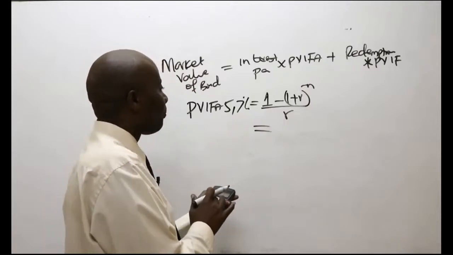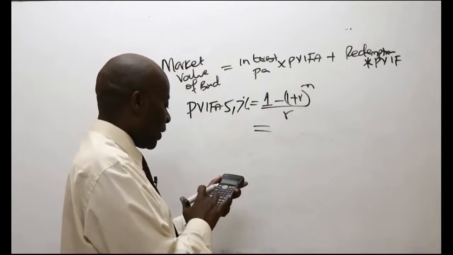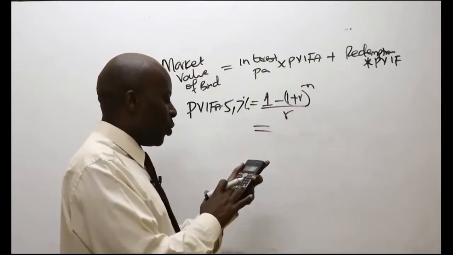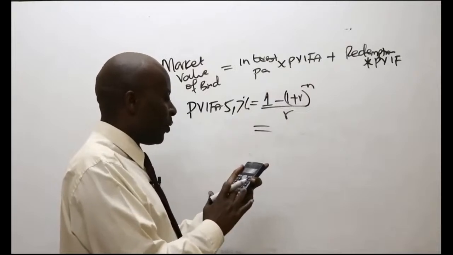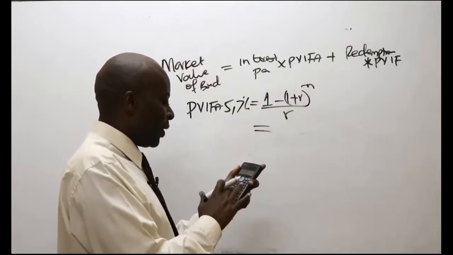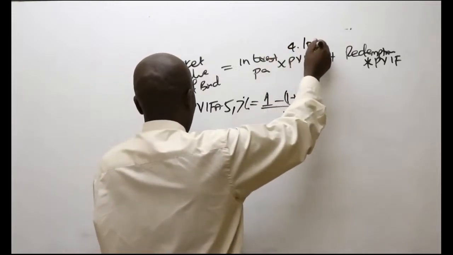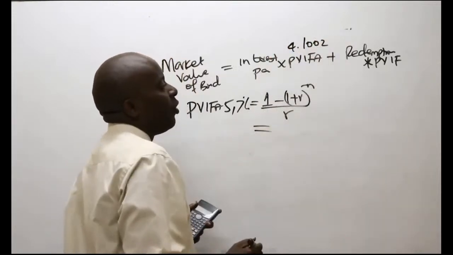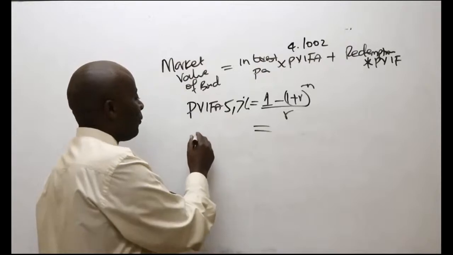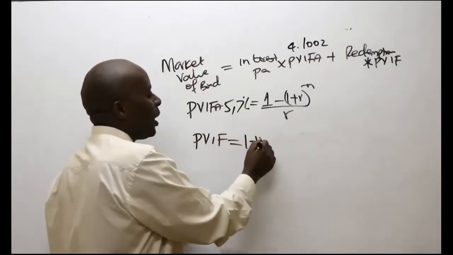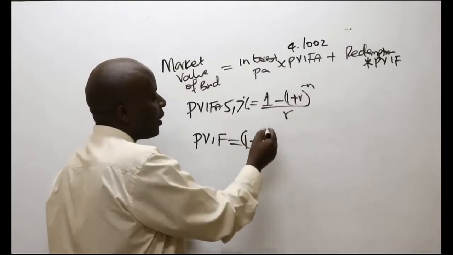So this will be 1 minus 1.07, because R is 7%, raised to negative 5, divided by 0.07. So let me hide this figure here. This is 4.1002. Also the PV, if I need to get the PV, I know the formula of PV is 1 plus R raised to negative n.